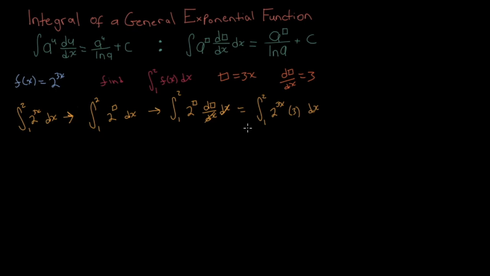Actually, not yet. Even though it's in the proper form, this does not equal our initial form, because of this 3. So what we can do is make this 3 cancel out by adding a 1 over 3.